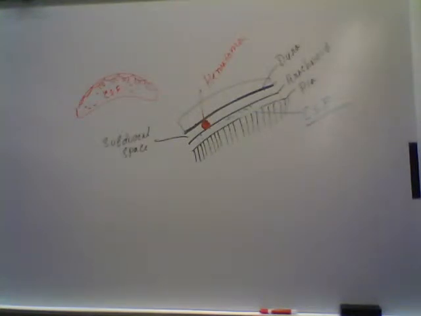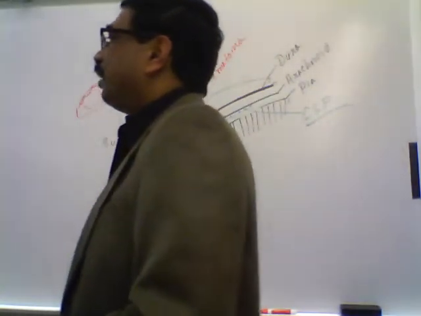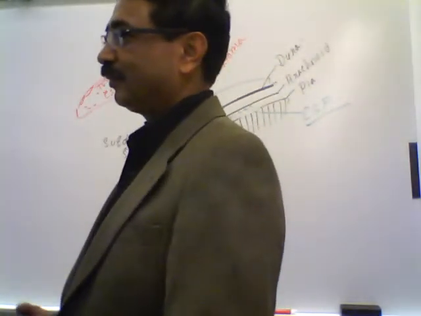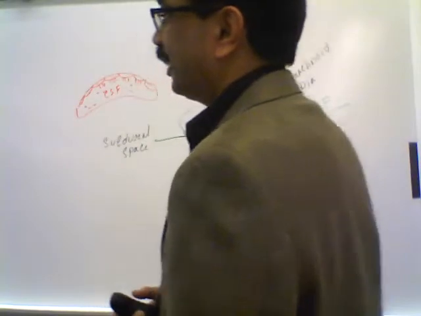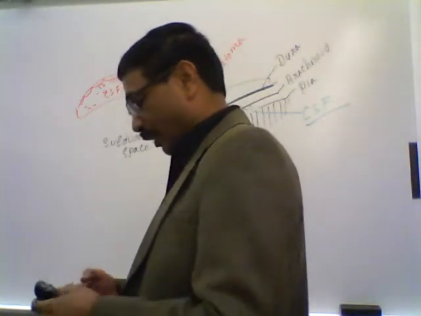So here you see the interventricular foramen, and the third ventricle is connected to the fourth ventricle by the cerebral aqueduct. Okay, a narrow tube-like structure, the cerebral aqueduct.